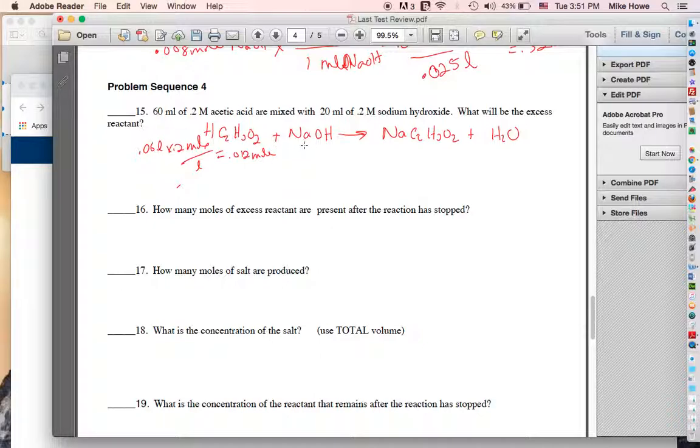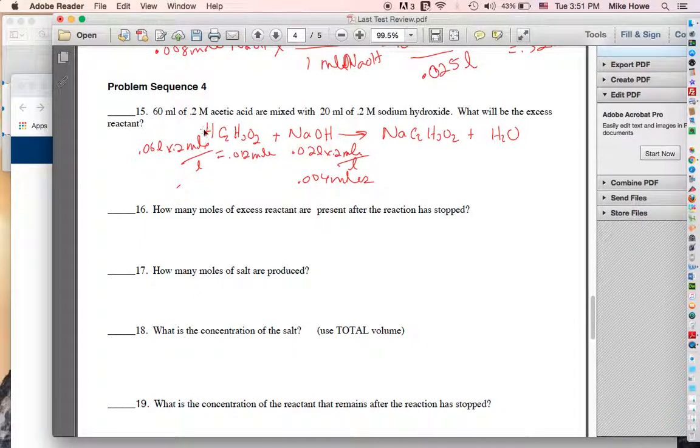All right, over here we got 20 milliliters of 0.2 molar solution of sodium hydroxide, so it would be 0.02 liters times 0.2 moles per liter. 0.02 times 0.2 is 0.004 moles.